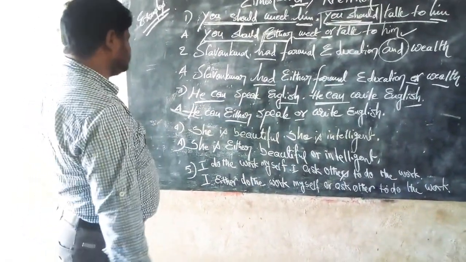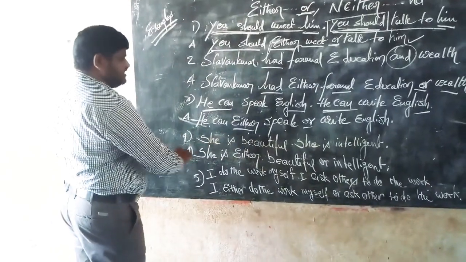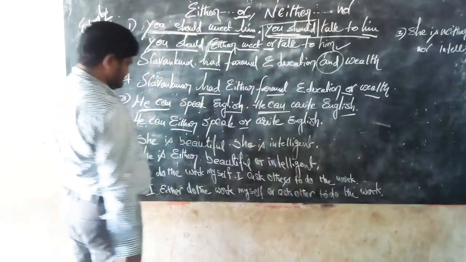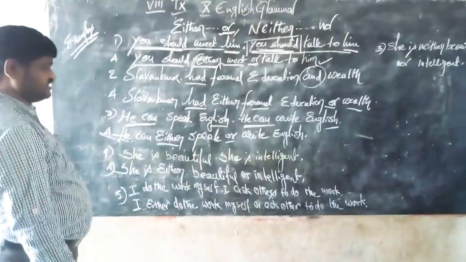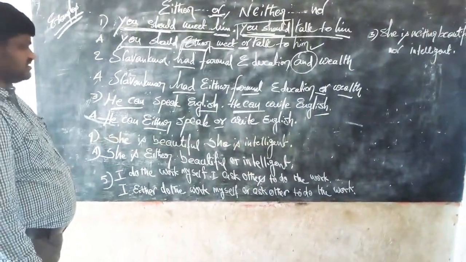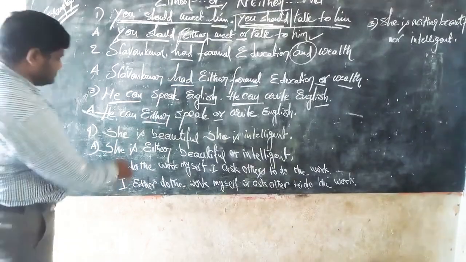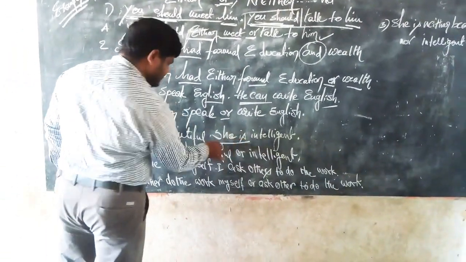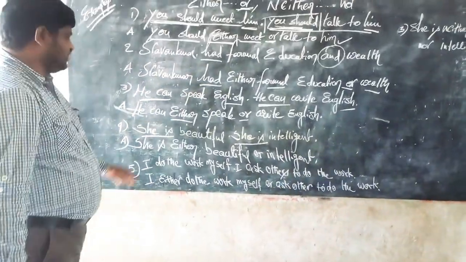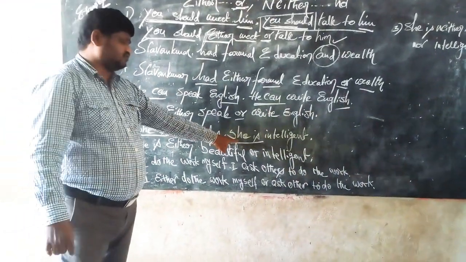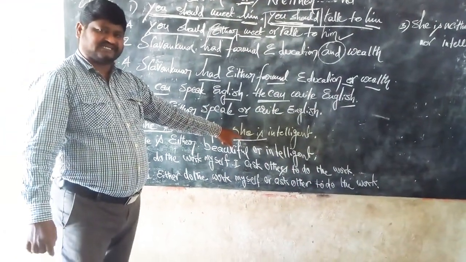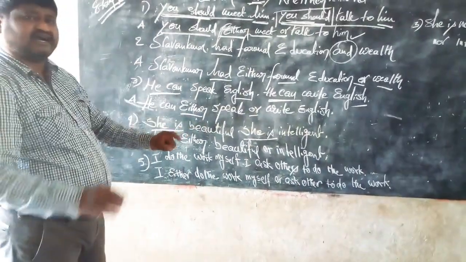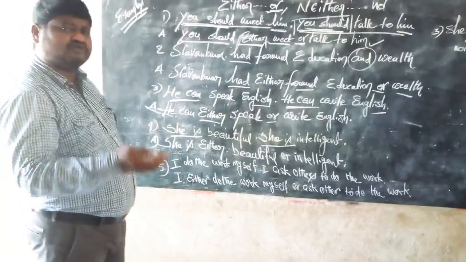And then the fourth one is: she is beautiful and she is intelligent. Here, what are the similar words and different words? She is, and in the second sentence also, she is. The second sentence should be removed, and or should be mentioned.